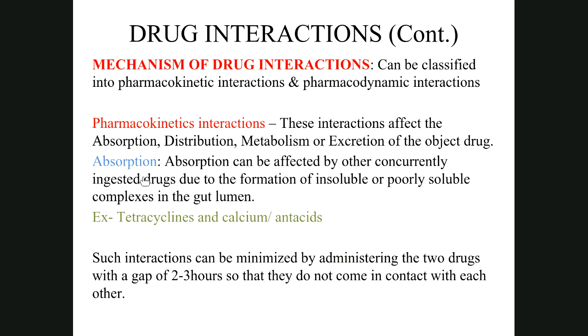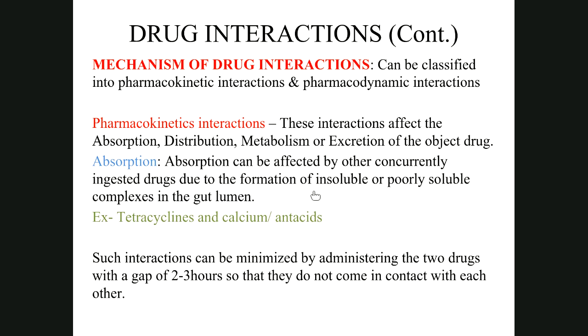Absorption. Now, this case is for two or more drugs. Absorption can be affected by concurrently ingested drugs. This can be due to the formation of insoluble or poorly soluble complexes in the gut.